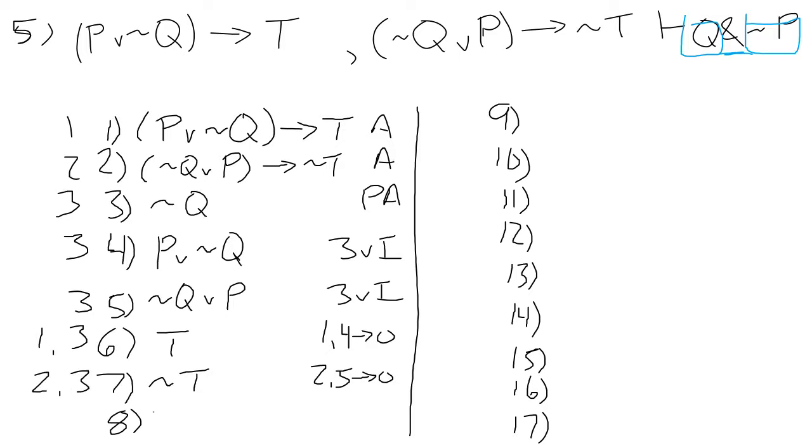And then we can build our contradiction from 6 and 7, and in. It's 1, 2, and 3. Now we got a contradiction. We got a PA that it depends upon, so we can tilde out on 3.